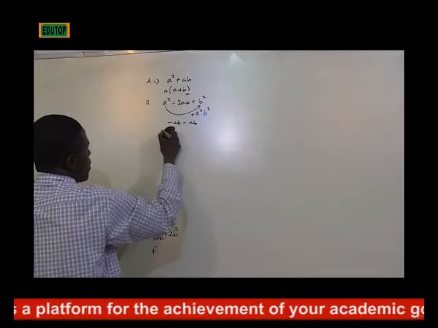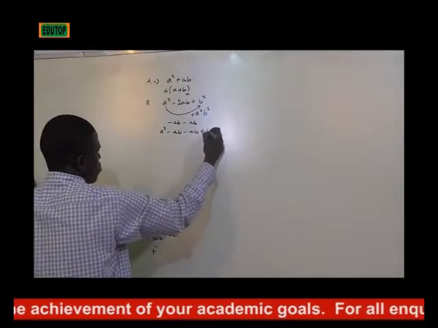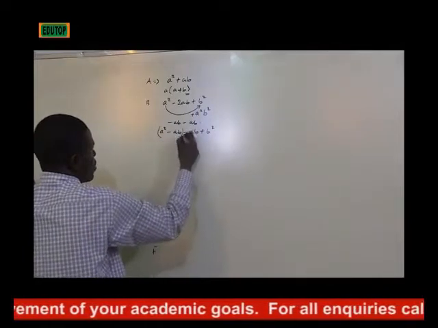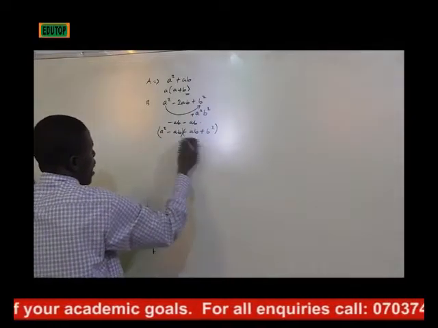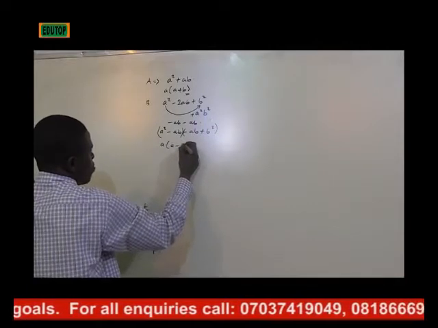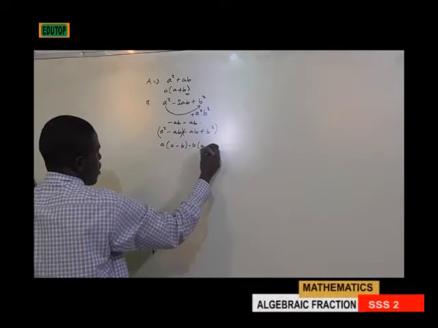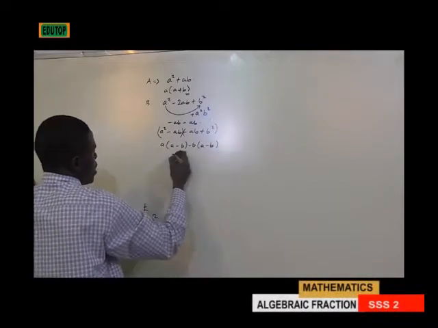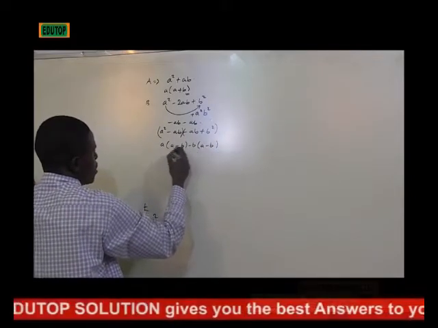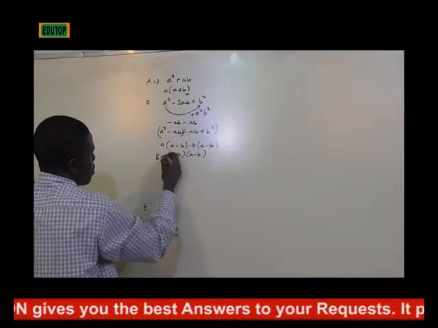So this one becomes a squared minus ab minus ab plus b squared. And I bring this together. What's common here? A is common: a minus b. What's common here? Minus b is common: a minus b. And this one will be a minus b, a minus b. So this is my B case.